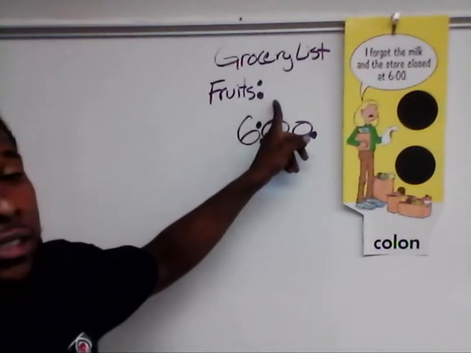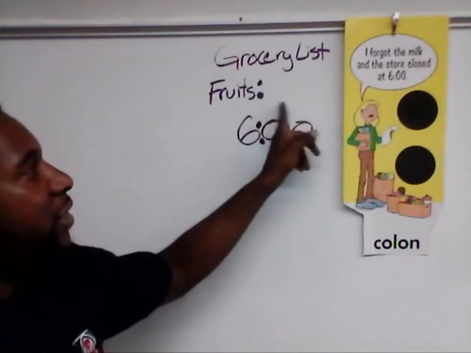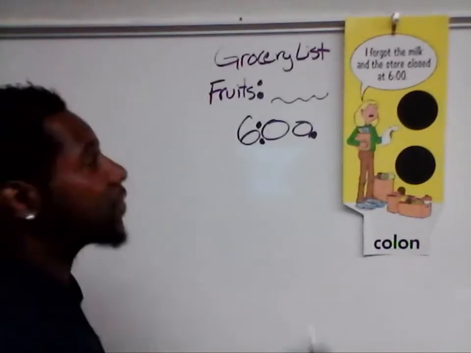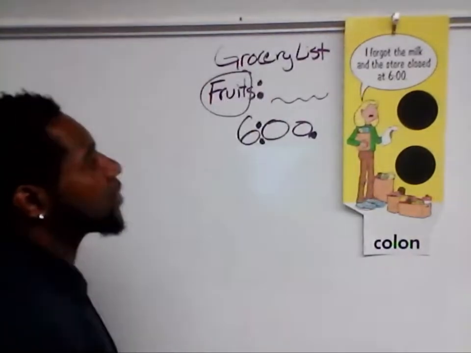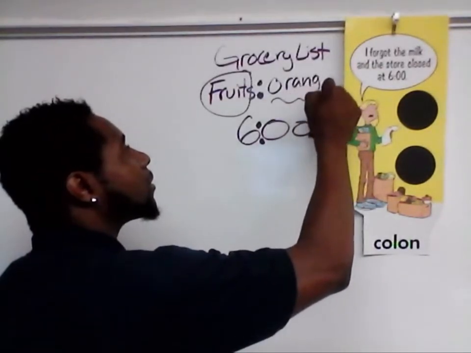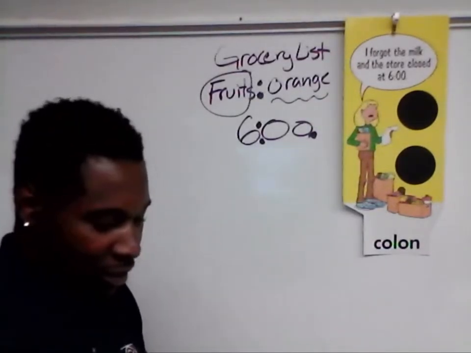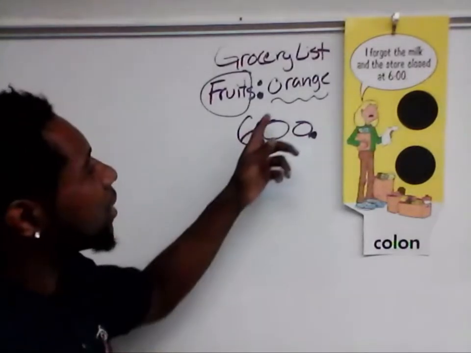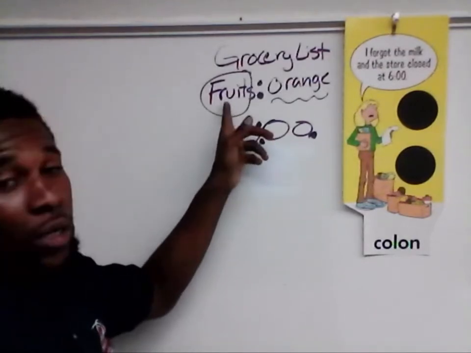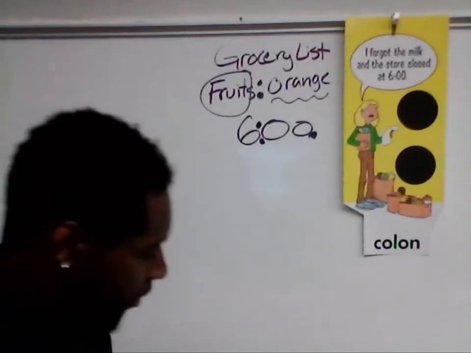Now she can list all of her fruits because we know that everything on this side is going to associate with everything on this side. So we can say oranges, bananas, apples, cherries, strawberries, any kind of fruit can be associated with this word here because we have this colon.